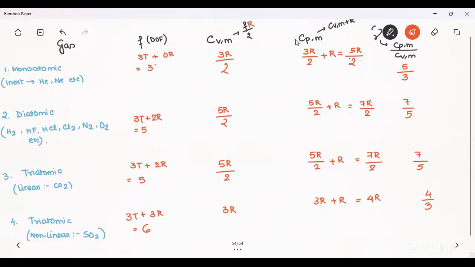Okay. So is this whole chart clear to everyone? Yes, ma'am. Okay. So gamma will be maximum. I am writing from maximum to minimum.